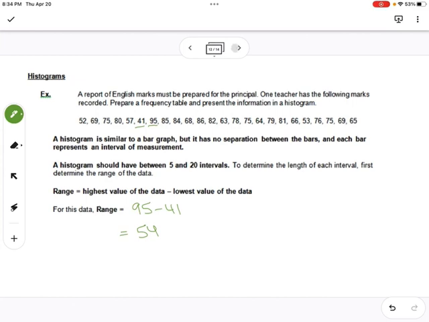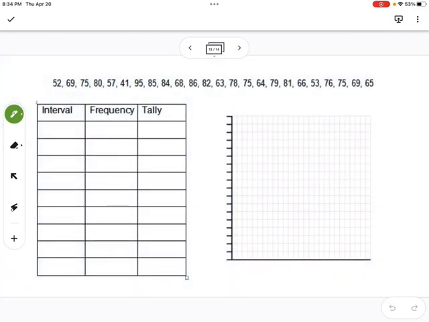Okay, when we create our intervals, let's say that we're going to go up by tens. So our intervals, we can start at 40 and go to 50. That's including 40, but not including 50.